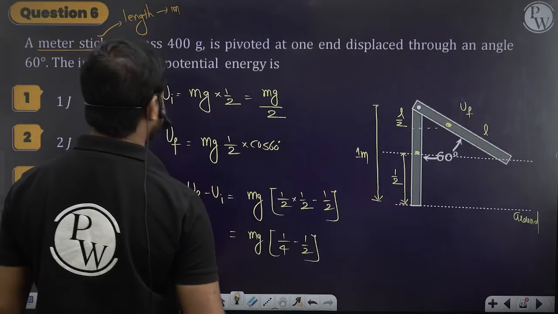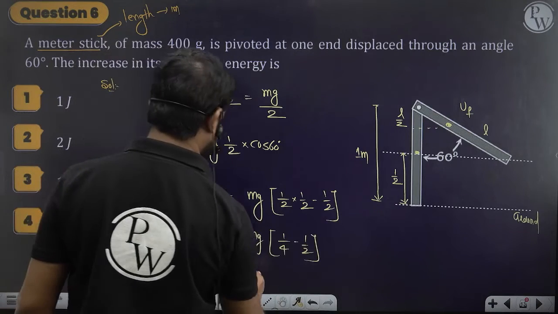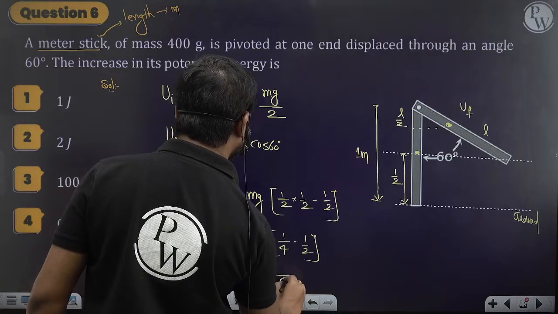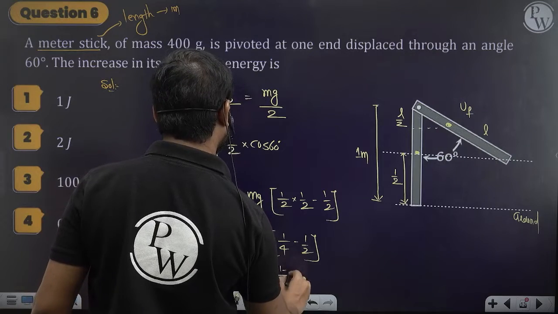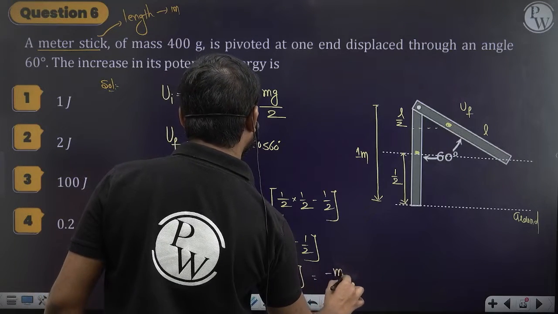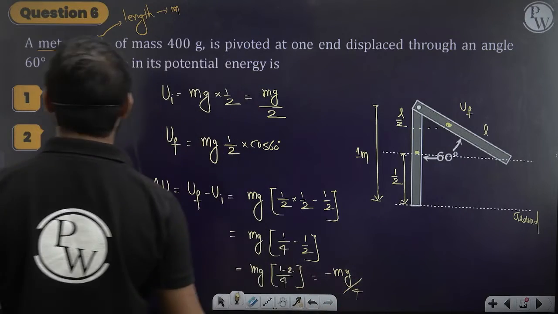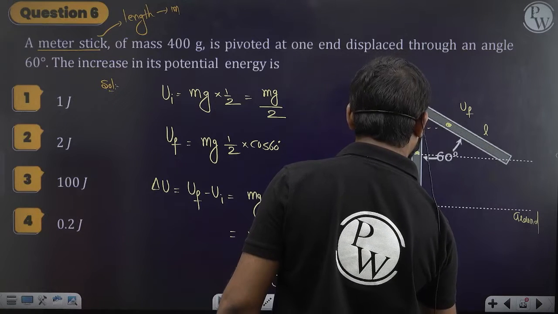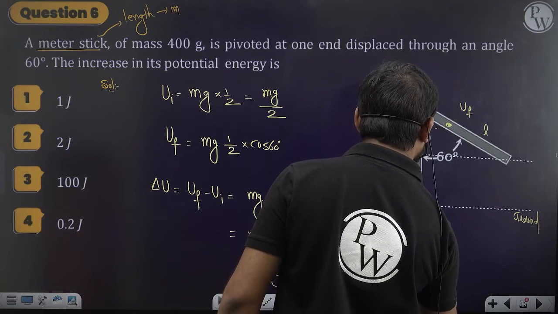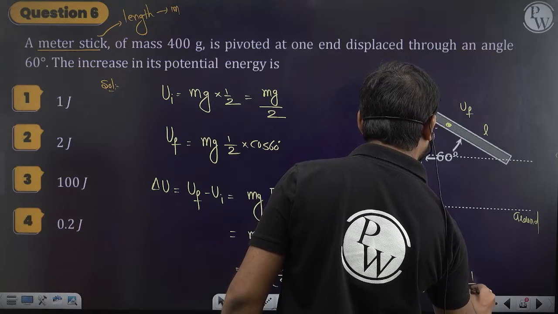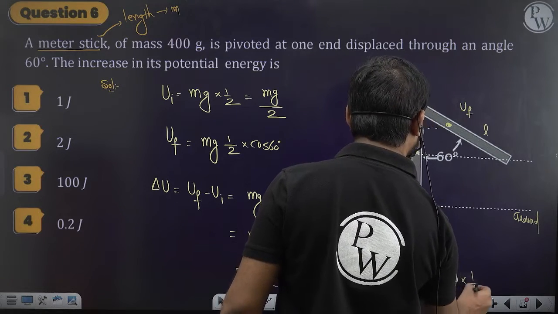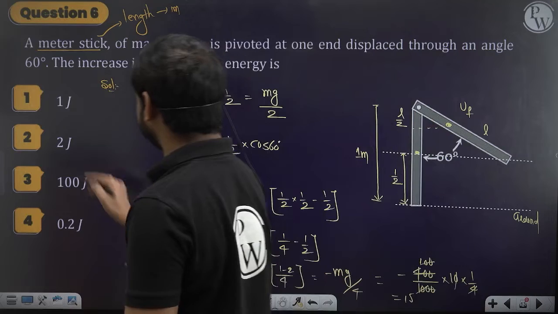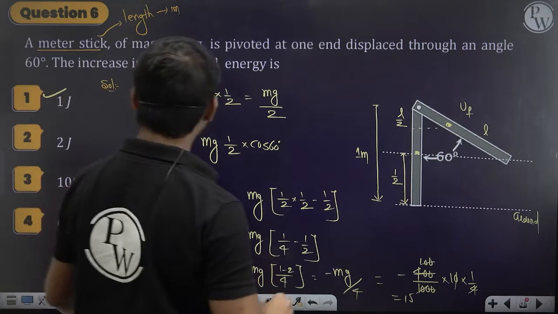Taking 4 as the LCM, this comes out to be minus mg by 4. Substitute the values: m is 400 grams, so 400 by 1000 into g is 10, into 1 by 4. The 10s cancel, 4 ones are 4, the hundreds cancel, which is minus 1 joule. You can take the magnitude only, so 1 joule.